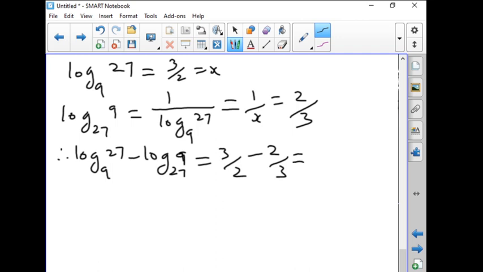So taking LCM, 6 is the LCM. 2 goes 3 times, 3 threes are 9, 3 goes 2 times, 2 twos are 4, so it is equal to 5 by 6. So thank you students. The remaining problems in the exercise we will do in tomorrow's class.